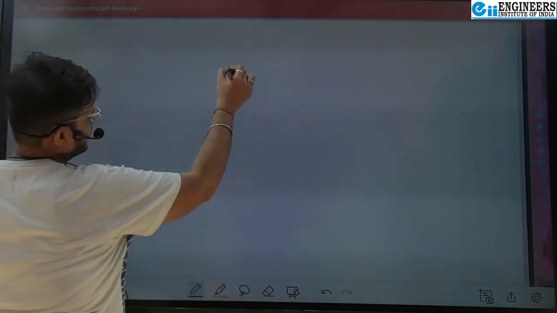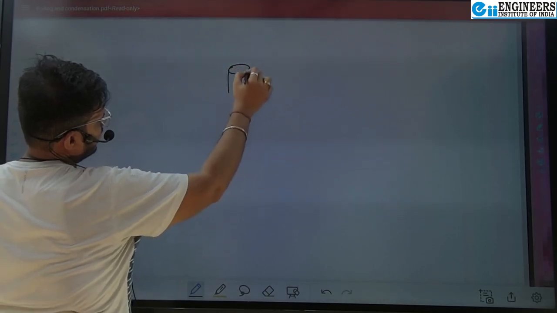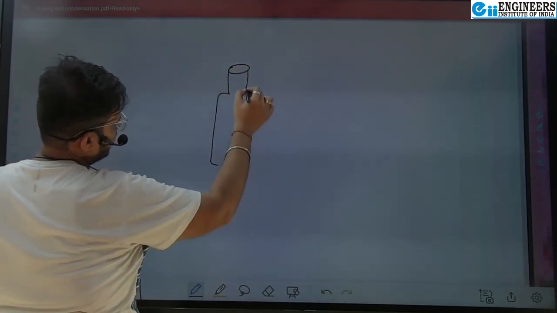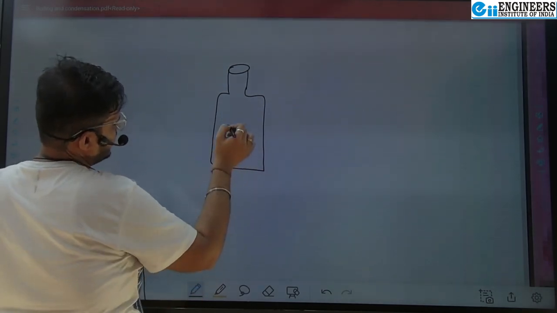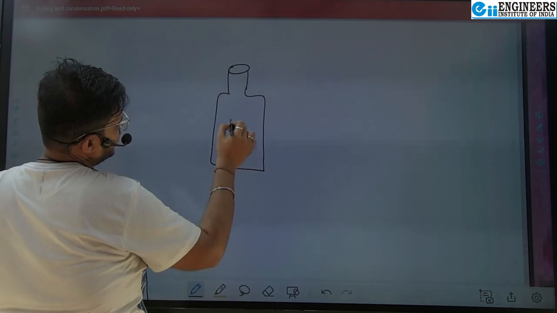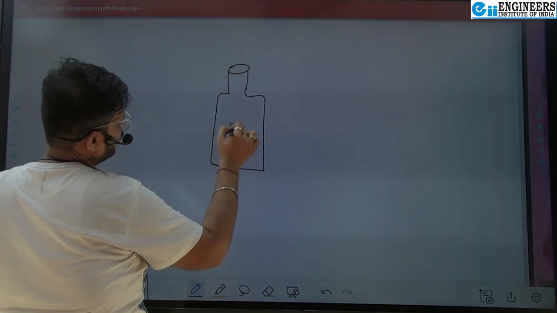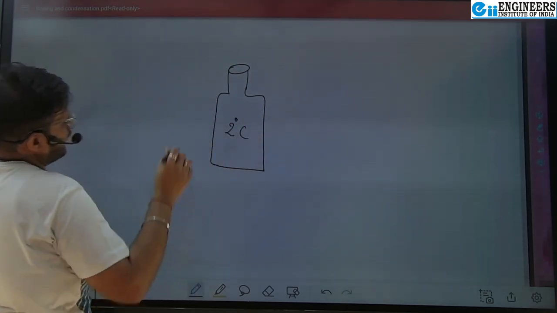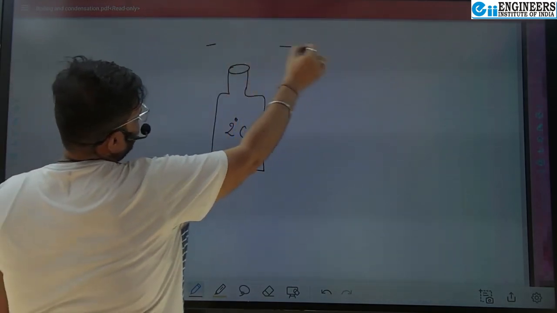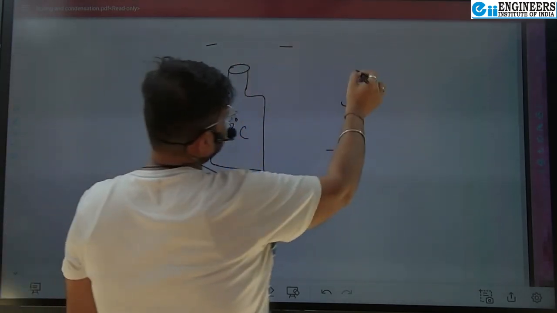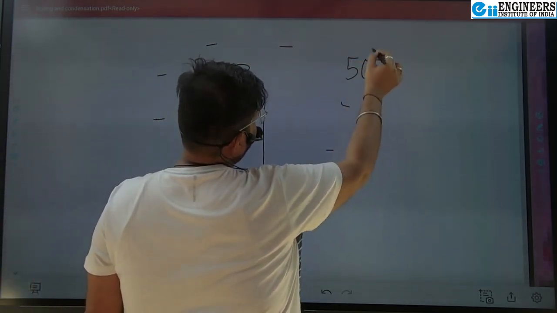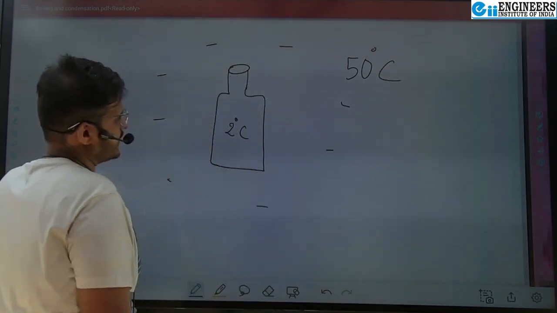Suppose this is my container, and supposing it is at 2 degrees Celsius. Then the vicinity air, the air is at ambient temperature, supposing the current ambient temperature is 50 degrees Celsius.